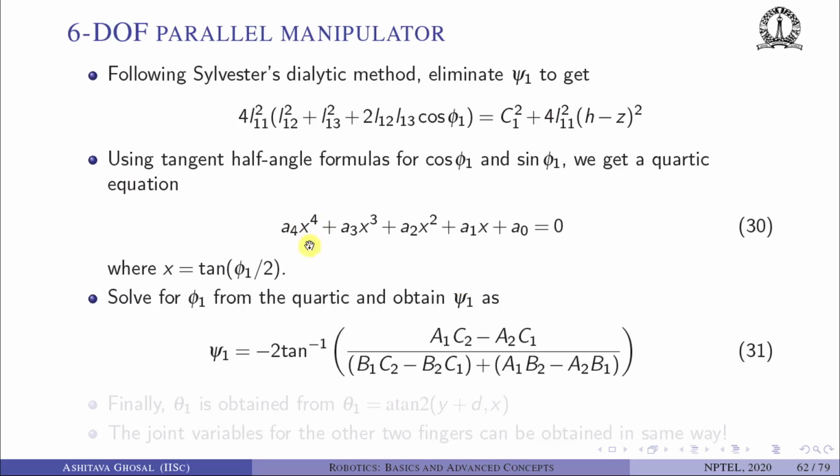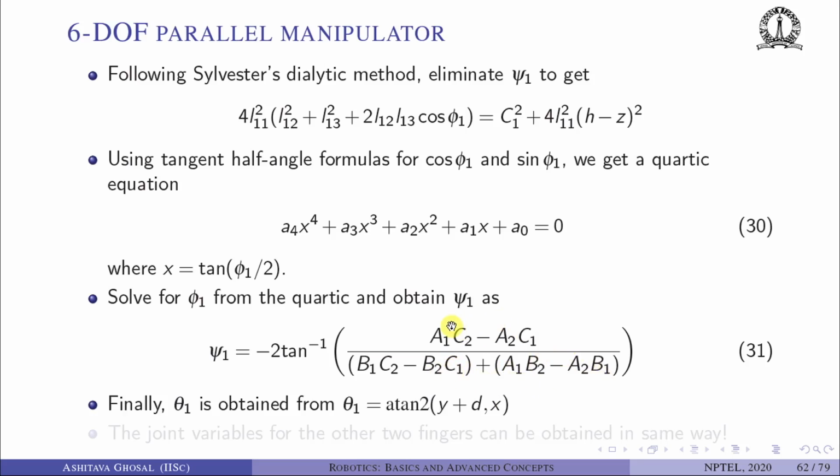So phi 1 can be obtained by solving this quartic equation, and psi 1 can be obtained simply by 2 tan inverse of (a1 c2 minus a2 c1) divided by (b1 c2 minus b2 c1 plus a1 b2 minus a2 b1). These contain phi.